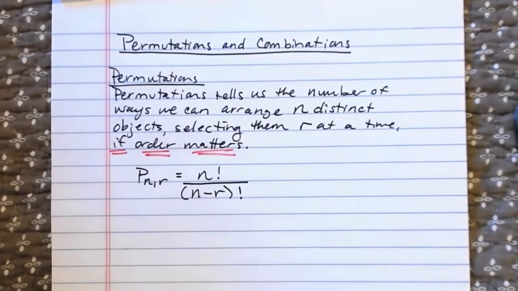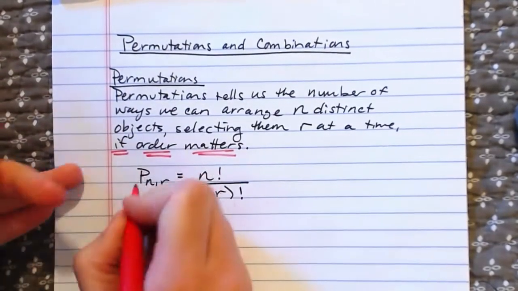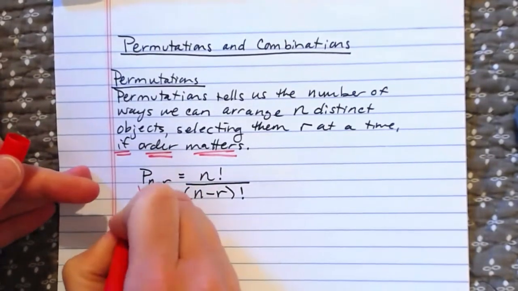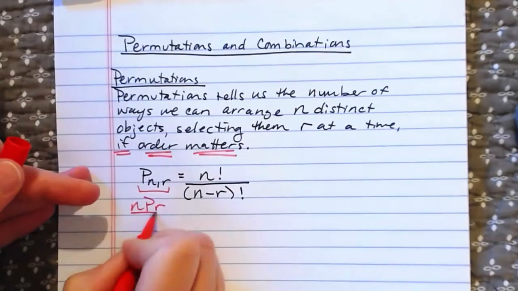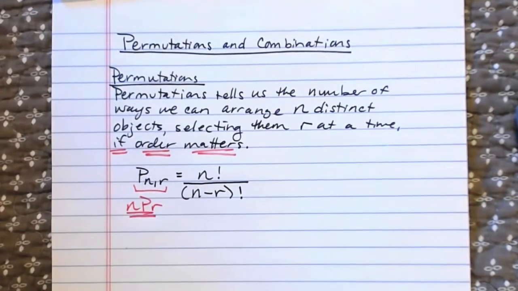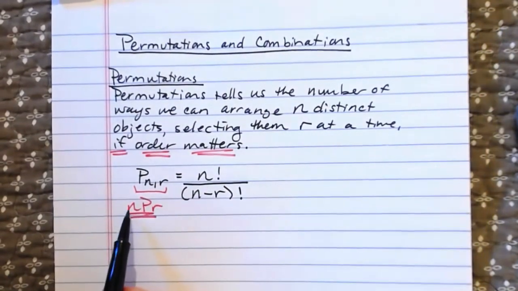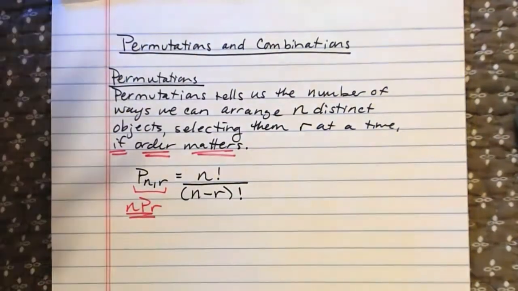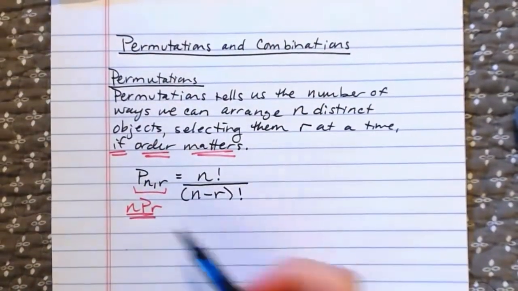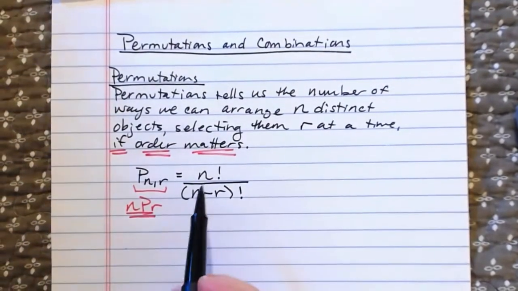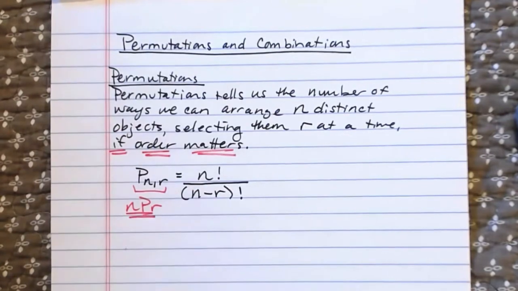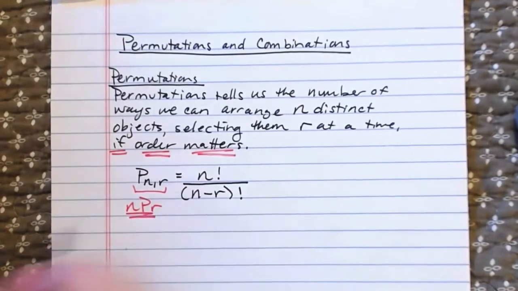Another notation that you'll very commonly see here, and this is one notation that your calculator uses, instead of P(n, r), you might see nPr. This is actually the notation that I prefer. It's easier to remember because all you have to think of is National Public Radio, NPR. But this is the formula for calculating permutations. There's also a program in your calculator that will come up with permutations as well. I'll show you how to do that in another video.